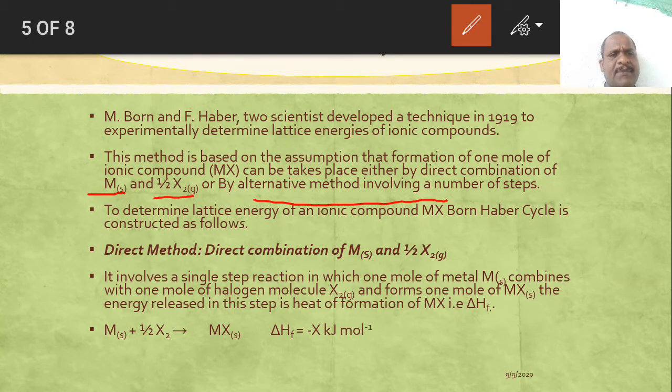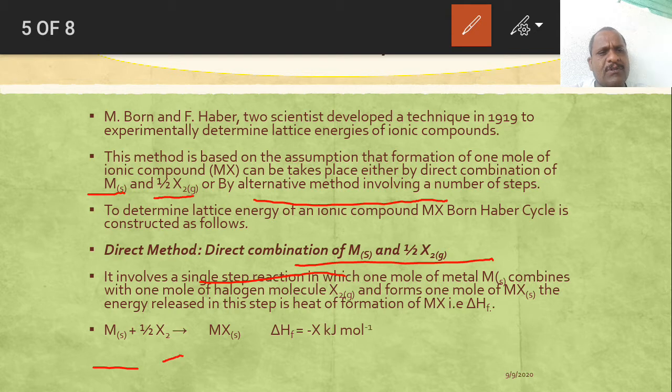One is the direct method, that means direct combination of metal in solid state with non-metal in gaseous state, so there is formation of a metal halide. This is a single step reaction in which 1 mole of solid metal combines with 1 mole of halogen molecule and forms 1 mole of metal halide MX in solid state.